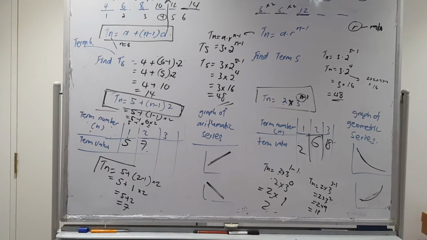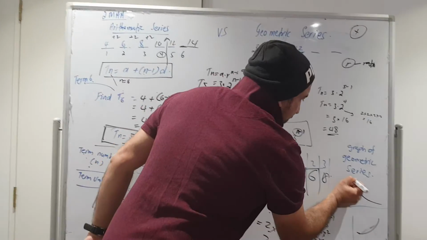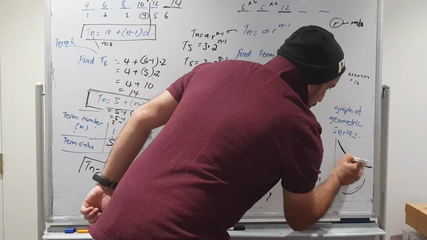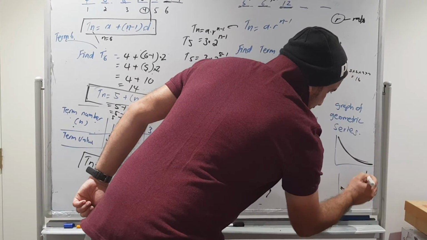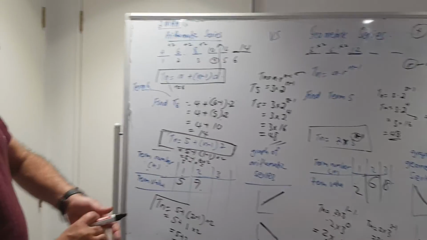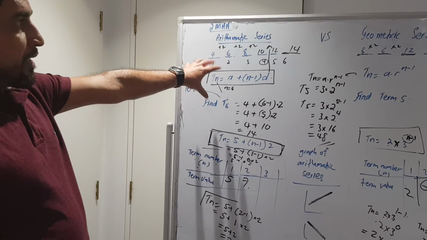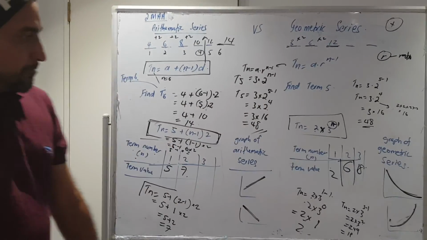And lastly, geometric graphs will be more like a curve. So yes, arithmetic is to do with plus and minus, and geometric is more to do with multiples.